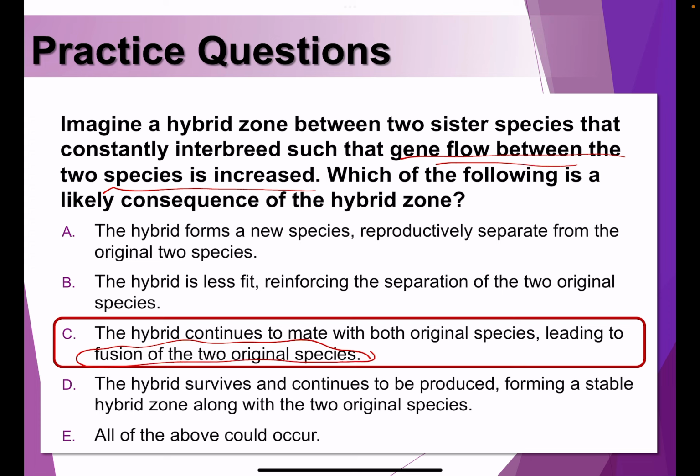Because gene flow between the two species is increased, they will eventually become one species. As long as gene flow happens, you always then have one species. The only time you can have two different species according to the biological species concept is when gene flow is limited or completely eradicated. And that is all I have for you for chapter 24 on the origin of species.